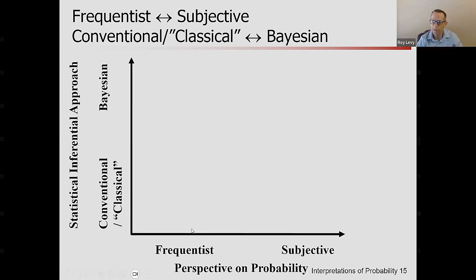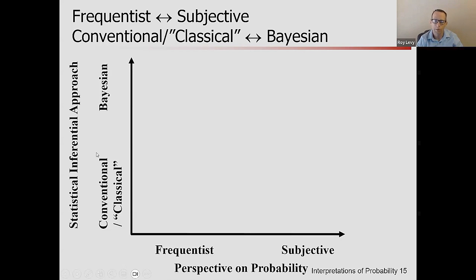The frequentist probability is defined in situations where there's a long run, repeatable set of events, the same thing over and over again. The subjective or degree of belief view is that probability is an expression of belief or uncertainty.